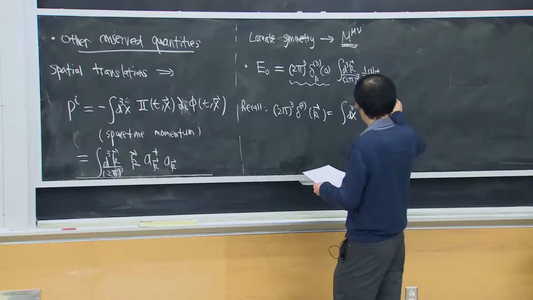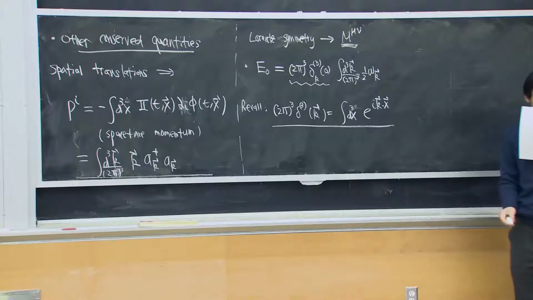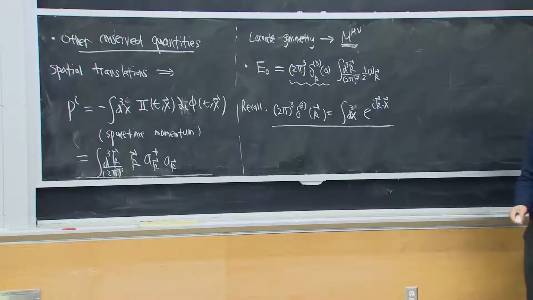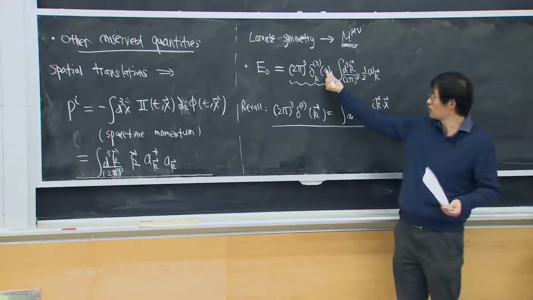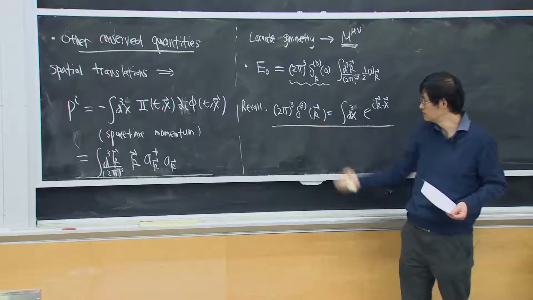This is essentially the definition of the delta function. And now here we want to set k equal to 0.